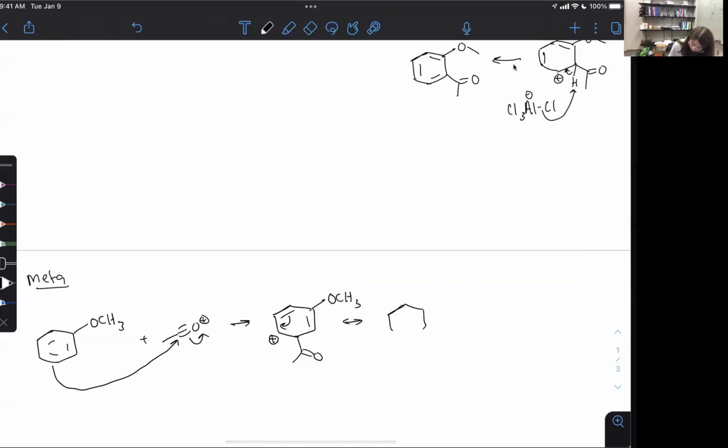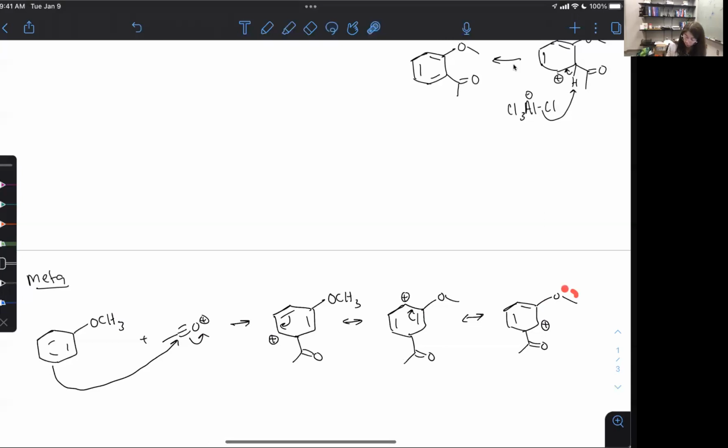So I'm going to go straight for that pi bond because that's the only option I have at this point. Okay, and then the other pi bond, to get over here. So if you notice what happened, we skipped right over that atom. We can never put the positive charge on the atom next to the oxygen.